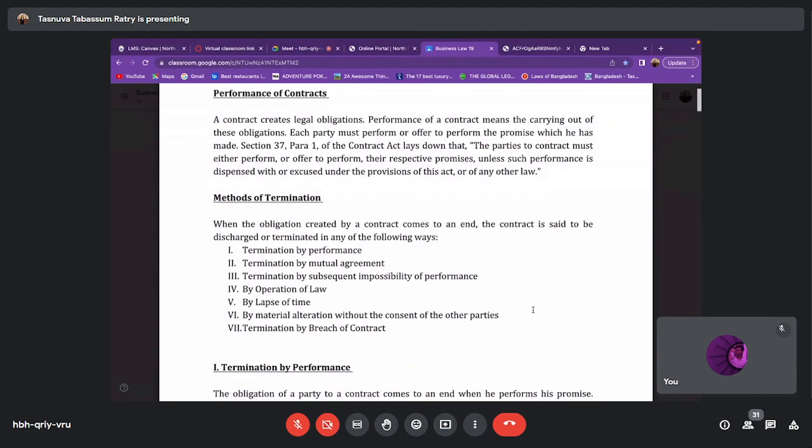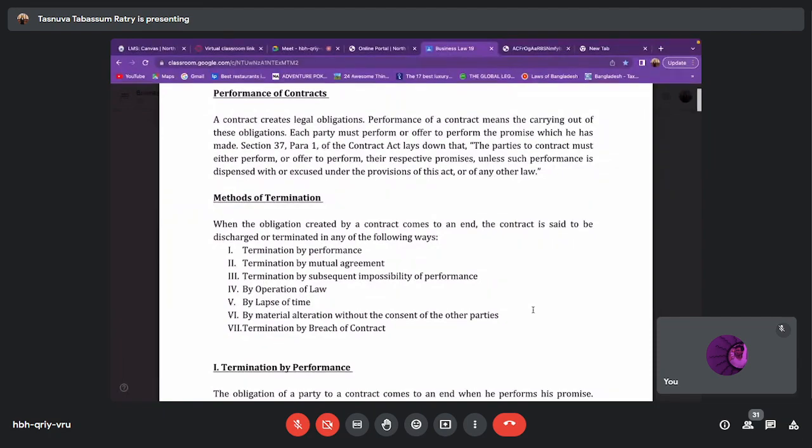That's what we call the contract being terminated or discharged. The first method of termination is termination by performance. That is the normal, natural mode of termination where the parties have certain obligations and they perform as per those terms and conditions and fulfill their obligation. As a result, naturally, the contract comes to an end.